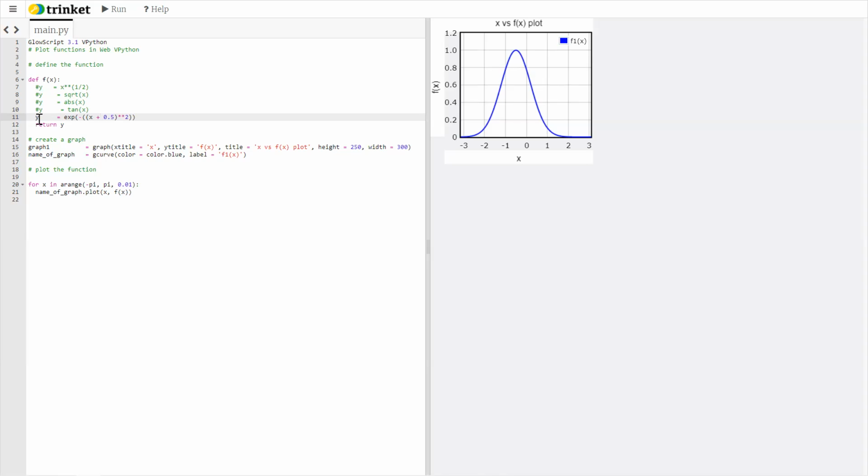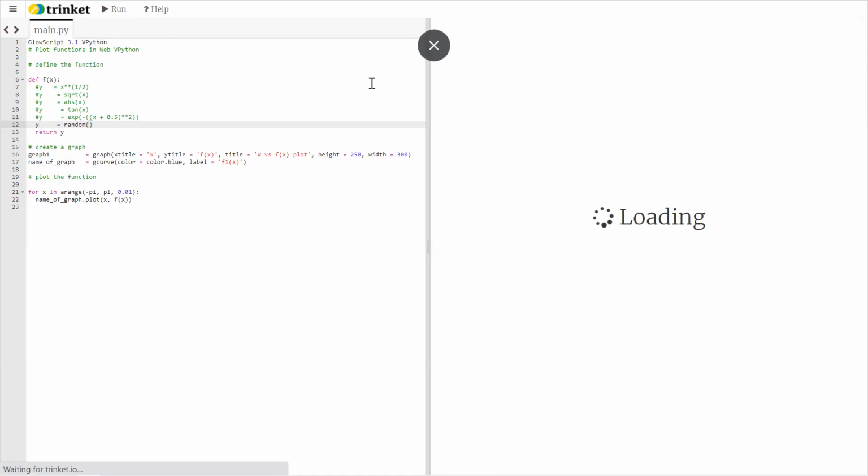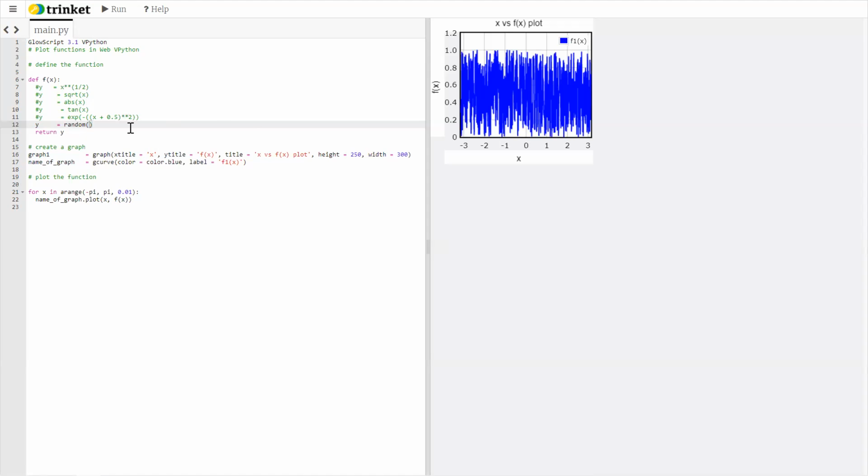You can also use a random variable. So let's say y is equal to random. Running this, it will give you a random number between 0 and 1.